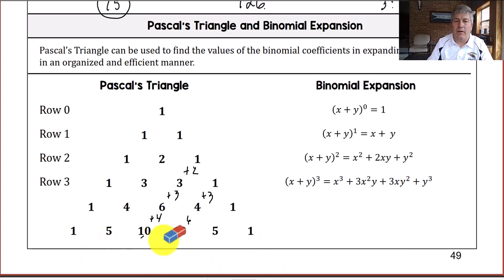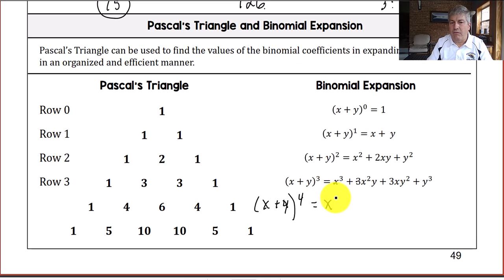So I've got a cutout of Pascal's triangle here, which would tell us what our coefficients are in our binomial expansion. So if I had x plus y raised to the 4th power, I'm going to have decreasing order of x starting at 4.